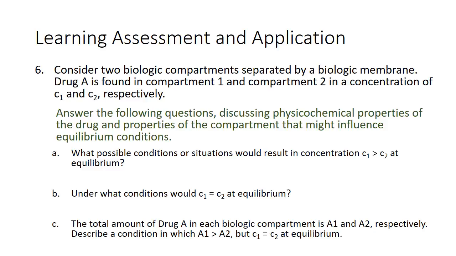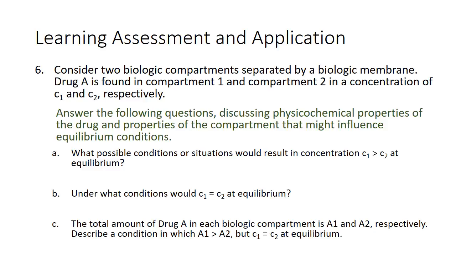So what I'm saying is that in a biological tissue, it's possible for one compartment to have a higher concentration than another compartment. We could think of them as different tissues, even though pharmacokinetically a compartment may be multiple tissues together, but we could think of them as single tissues for this example.